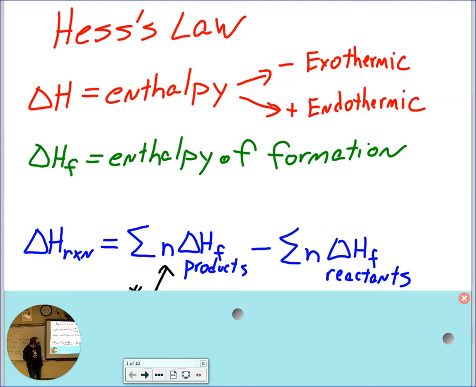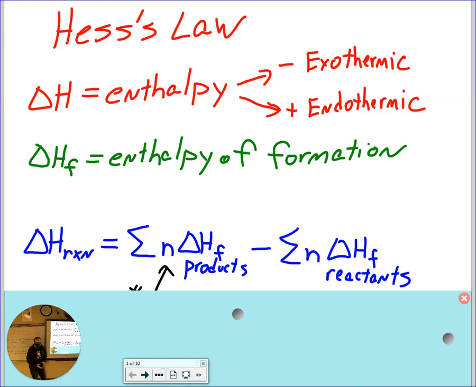So if I can translate this for you, the delta H of the reaction, and RXN is just shorthand for reaction because chemists are lazy and bad spellers, is equal to the sum of all of the delta H of formations of the products minus the sum of all the delta H of formations of the reactants.